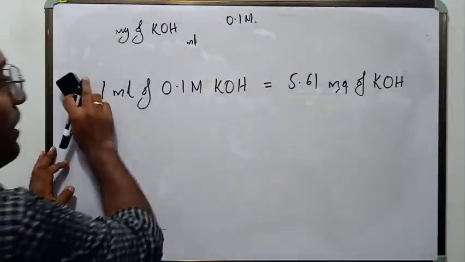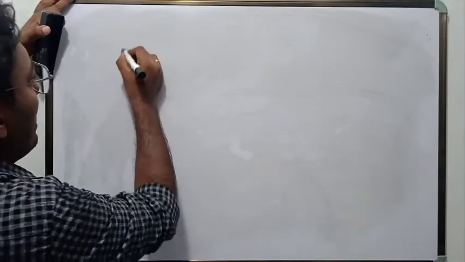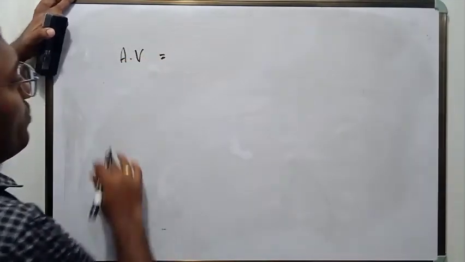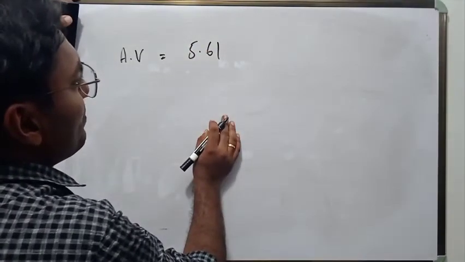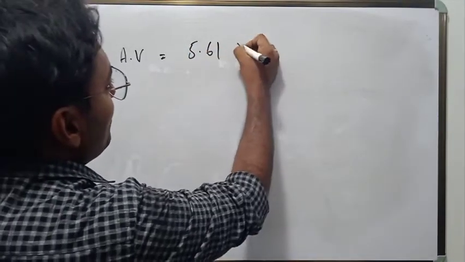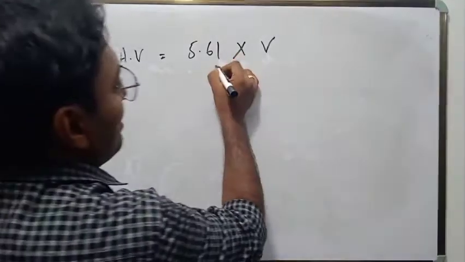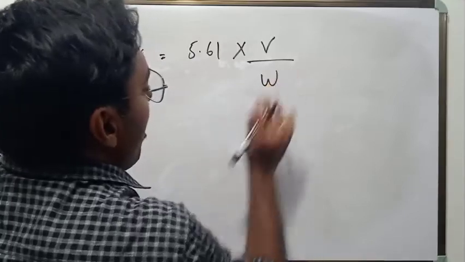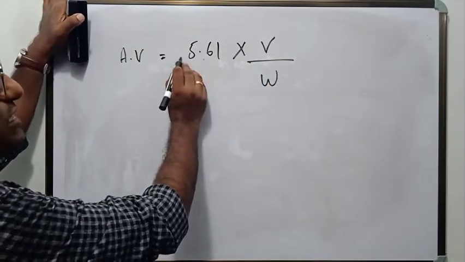Now you put it in the equation. So the equation is acid value is equal to 5.61, that is for 1 ml, into whatever ml has fallen, divided by weight. So that is the equation. 5.61 means mg for 1 ml.